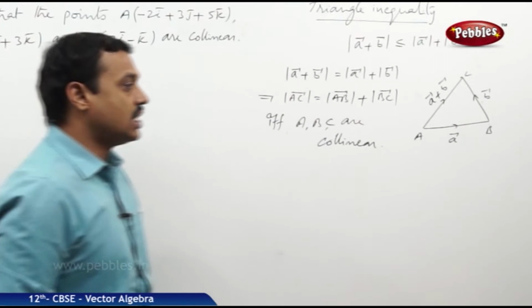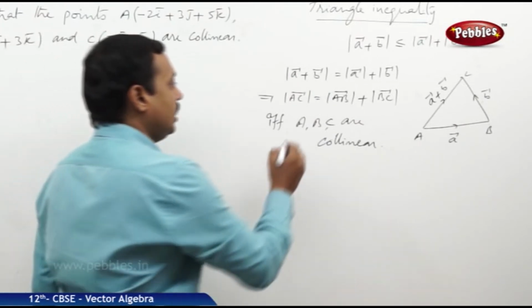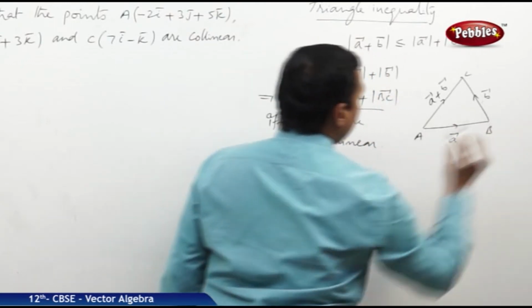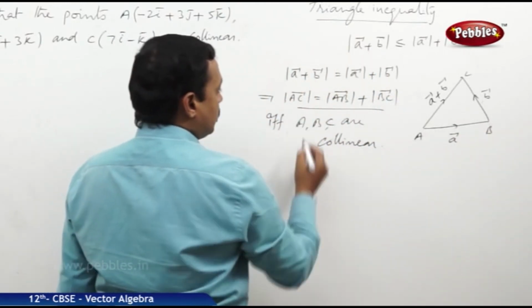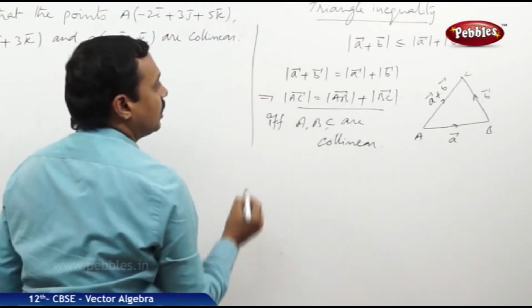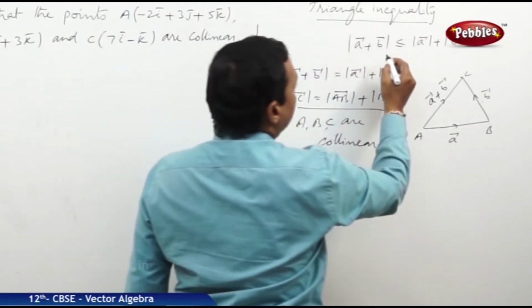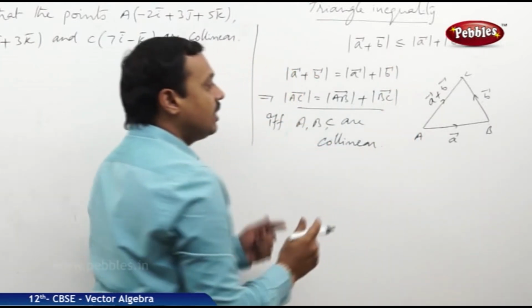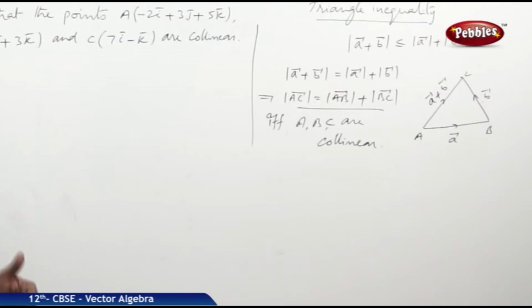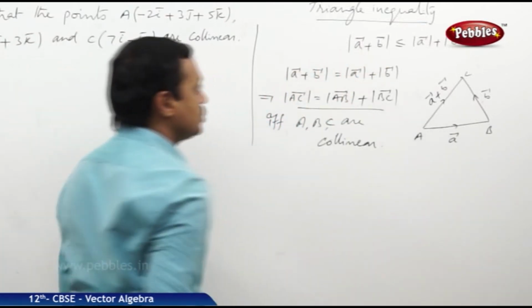If the 3 points A, B, C are collinear, then only this equality holds, and AB plus BC becomes AC. So this condition is possible when the 3 points are collinear. So, in the triangle inequality, equality holds when the given points are collinear. If they are non-collinear, then the inequality holds.